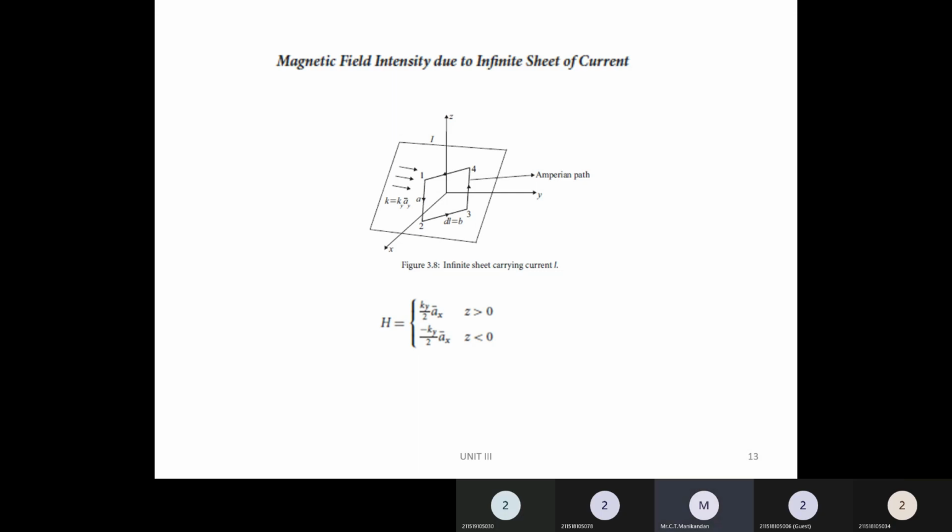If the infinite sheet has current, then the field intensity is given by half of the current density, that is Ky by 2. Depending upon the position, it may be positive or negative. If it is above the sheet, Z greater than 0, you get Ky by 2. If Z is less than 0, you get minus Ky by 2.